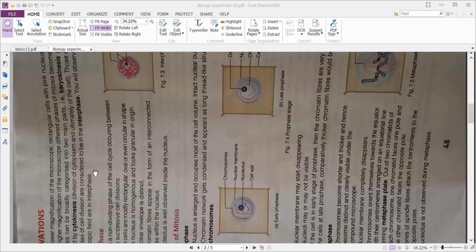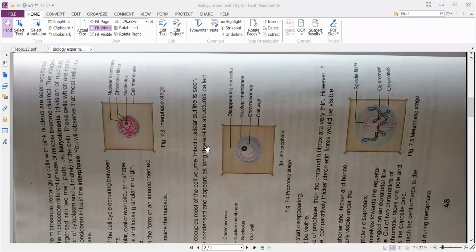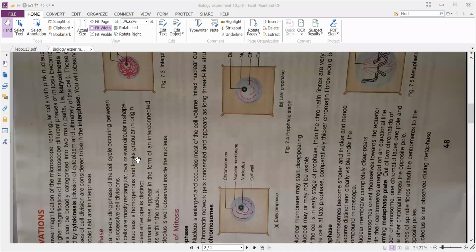And next, observation. For this observation, the writing part has to be done on the right side only. For this experiment, you write the observation on the right side and the diagrams only on the left side. For example, if you are writing interphase, the diagram should be on the left side, beside the interphase.